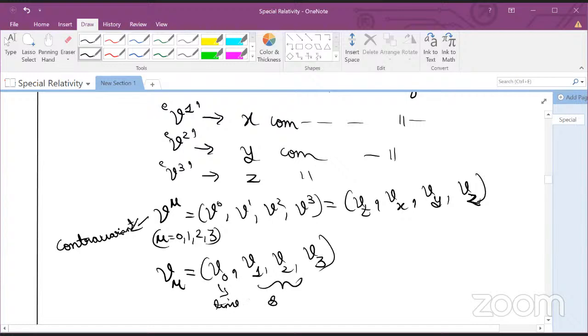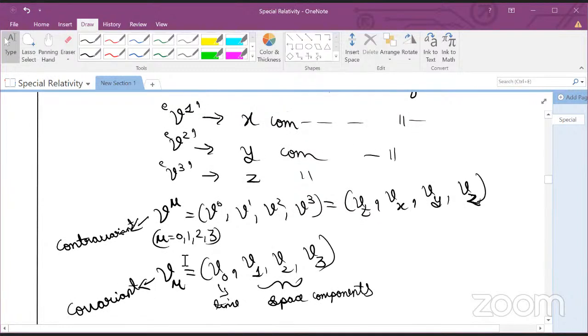These are space components. So for contravariant, the index is superscript. For covariant, the index is subscript. So this is a covariant 4 vector.